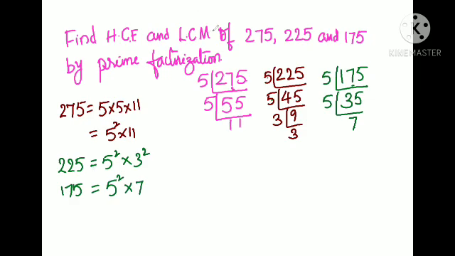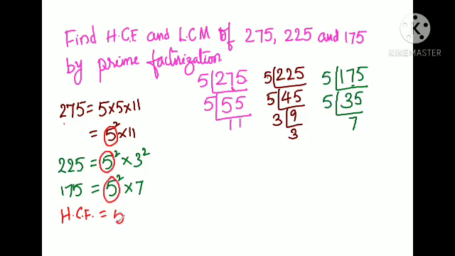Now let us find the HCF. What is the highest common factor? First of all, you have to identify the numbers which exist in all three prime factorizations. 5 is here, it exists in the prime factorizations of 275, 225 and 175.